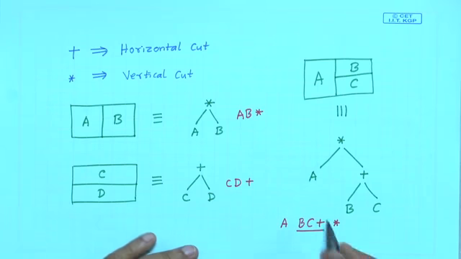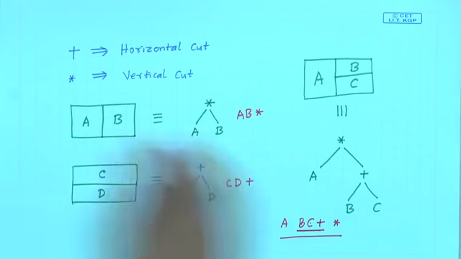So, you know that any operator if you encounter, you operate it on the previous two operands. So, plus will work on B and C, you get something, star will work on A and this, so you get this whole thing. So, step by step you can go, right.